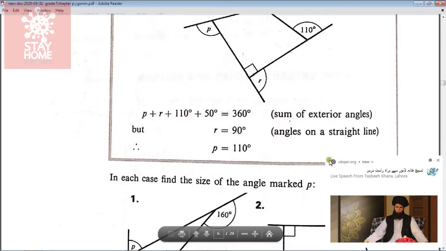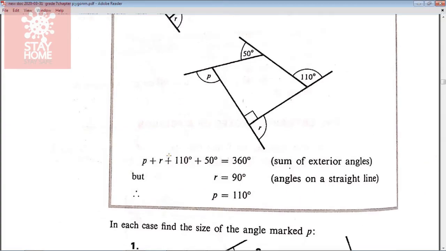Angles on a straight line. This is 90. Here see this diagram, a 90 degree angle. So R is 90.